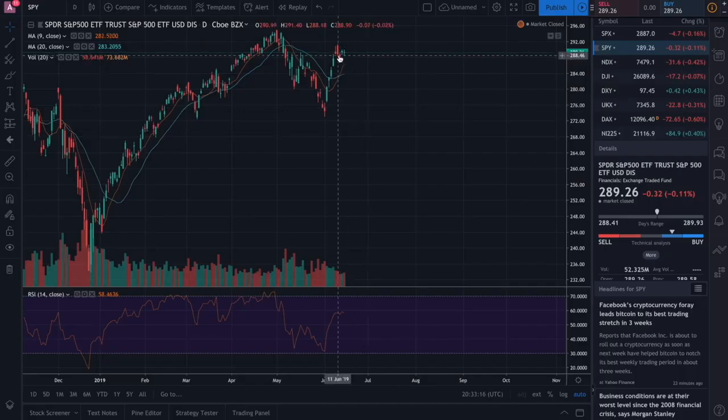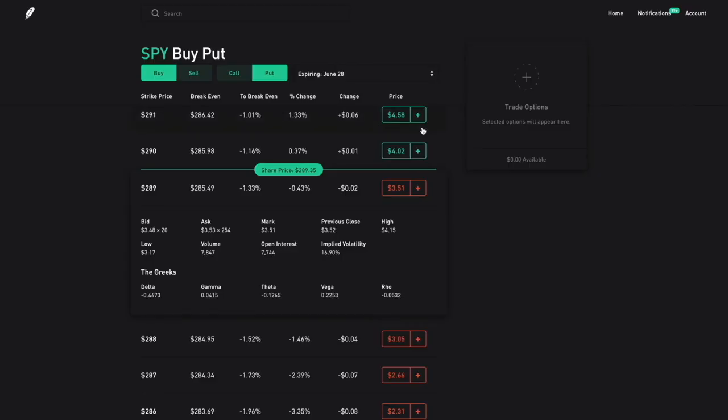Now, this is not the nail in the coffin. This doesn't mean that the market is going to plunge. But according to the sentiment that people have, it can very much go in a bearish manner because that's what people are expecting more or less out of the market. So it gives you a key insight to the sentiment of the market.